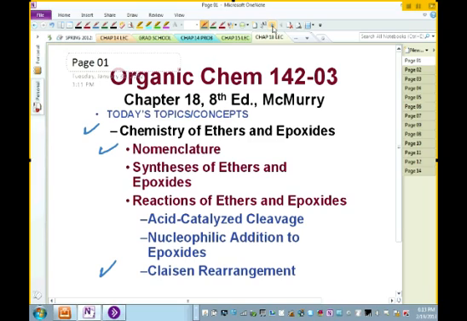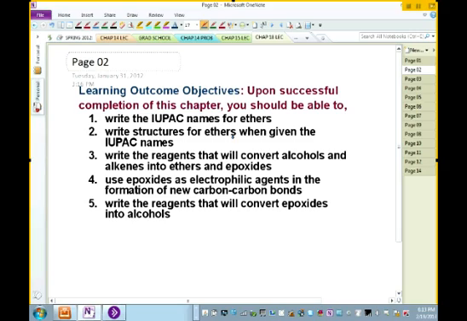Now, on the next slide, we show you the learning outcome objectives, which means that upon completion of this chapter, you should be able to perform all of the different concepts and topics shown on this list.